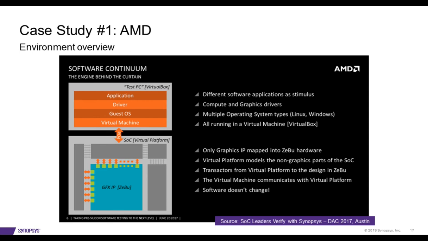If you look at the environment, it has several interfaces. A lot of components are connected through virtual platforms. And then they are doing the OS boot, driver development, and they are running some applications, and the workloads are really billion plus gate designs.